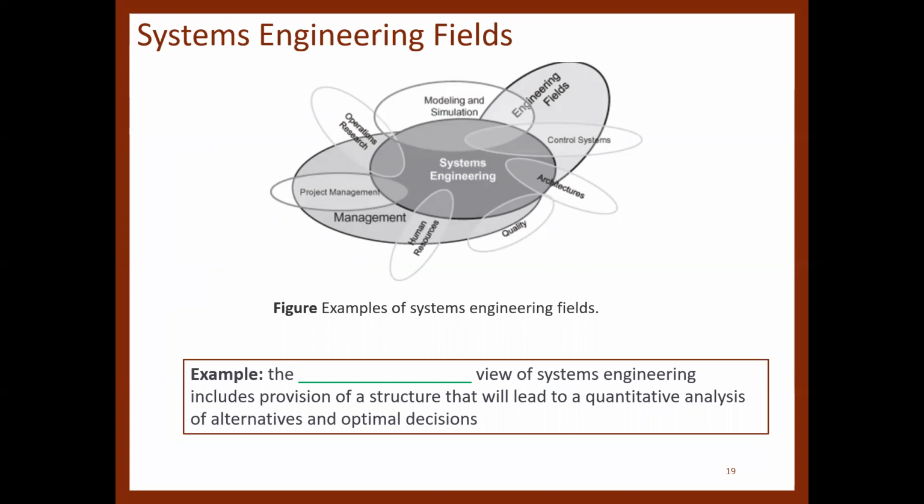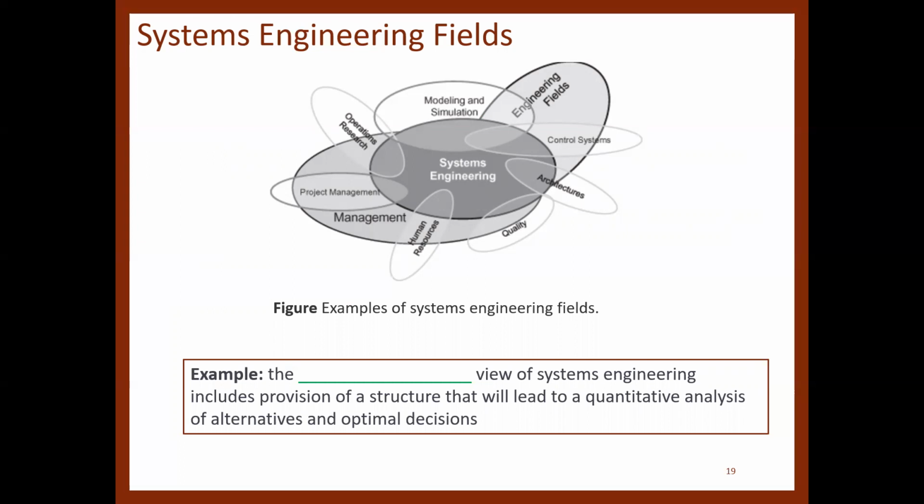So in this figure, we show some examples of systems engineering fields. You see systems engineering is in the middle, and systems engineering is part of this management field. And then you have all these other fields connecting at some point with systems engineering.